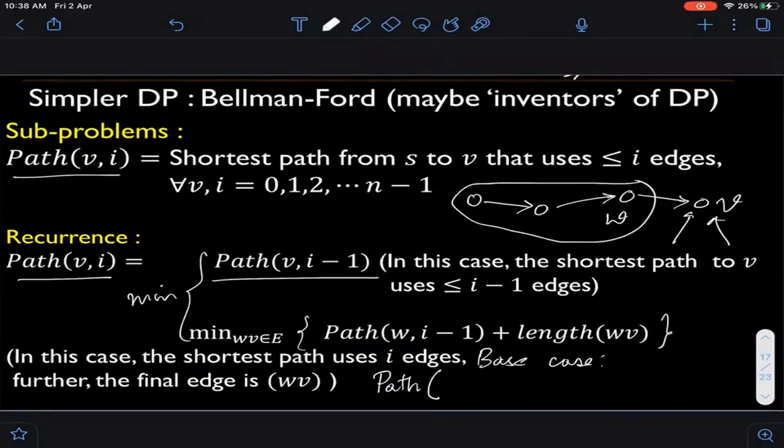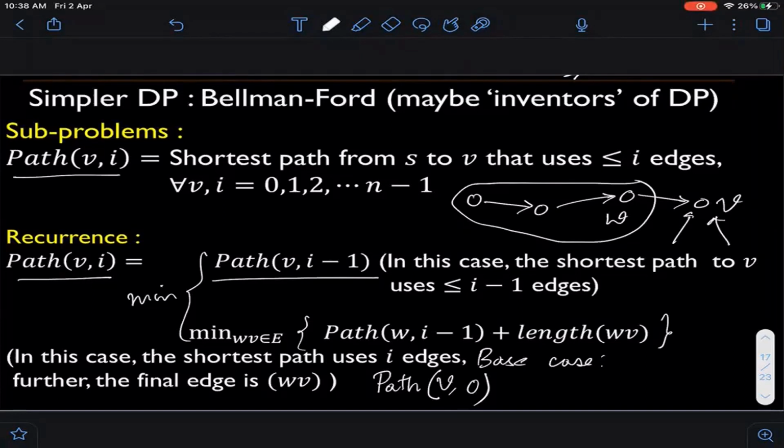So what is going to be path v comma 0, for example? What value should I write here? Path v comma 0, should it be 0? Yeah, it should be infinity, right? So remember, look at the definition.